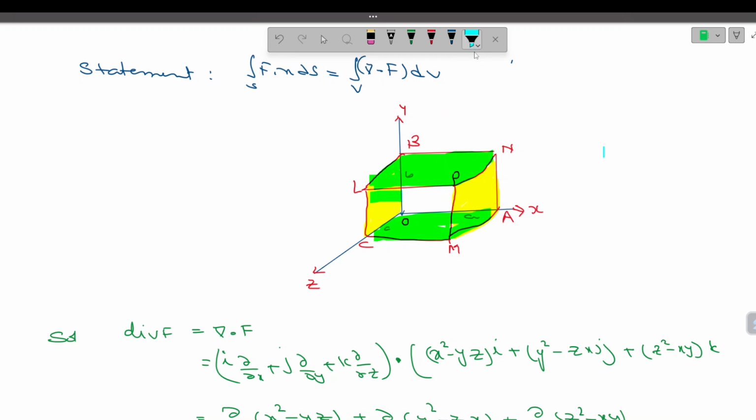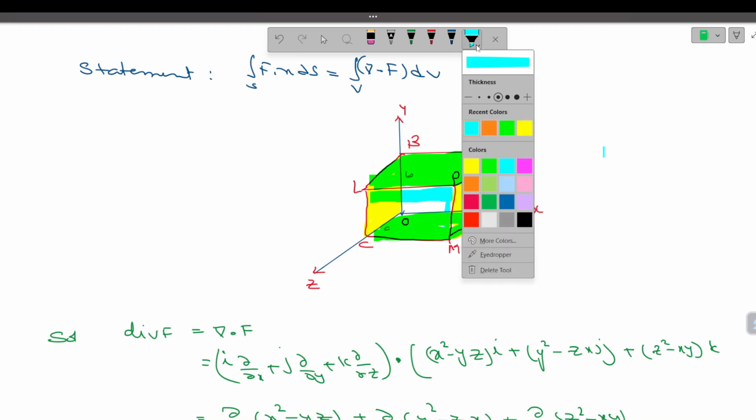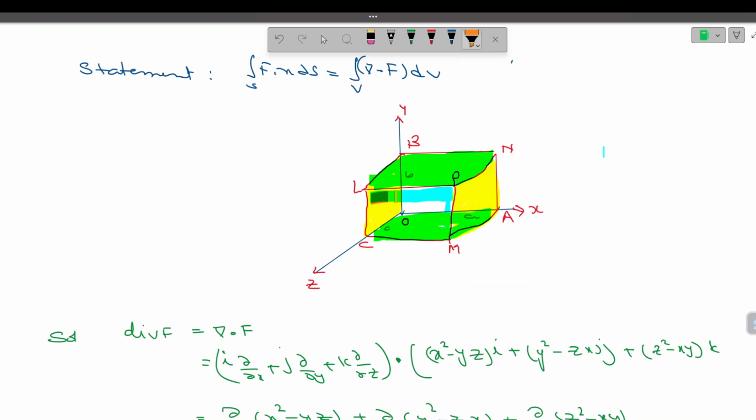For this color I have to change, let me take some dark color. Yes, this is the face. For this face, LCMP or CMPL, whatever you call.